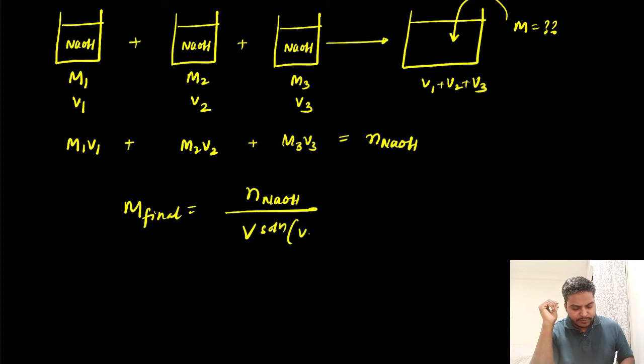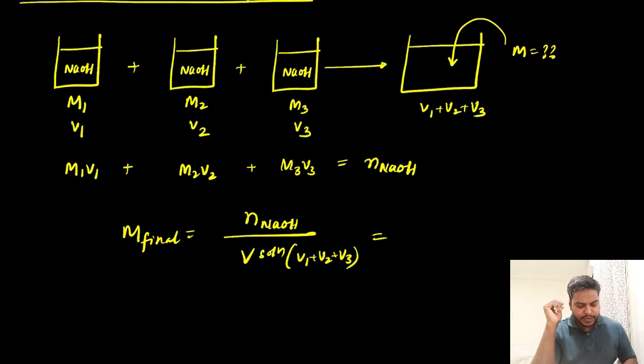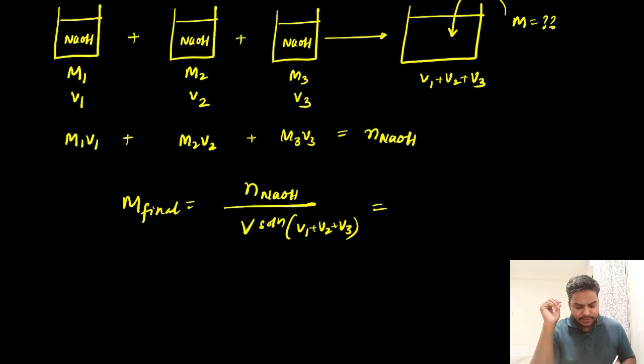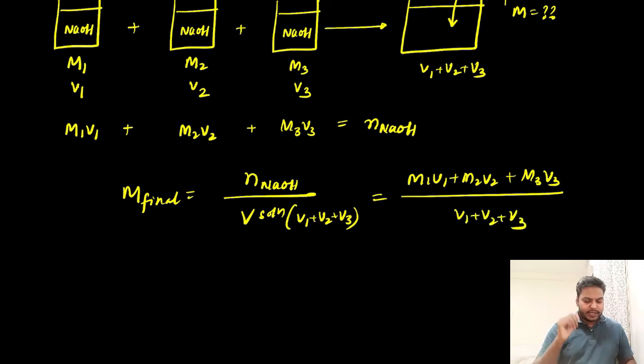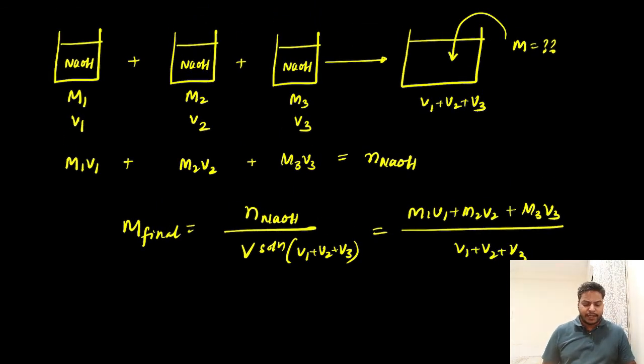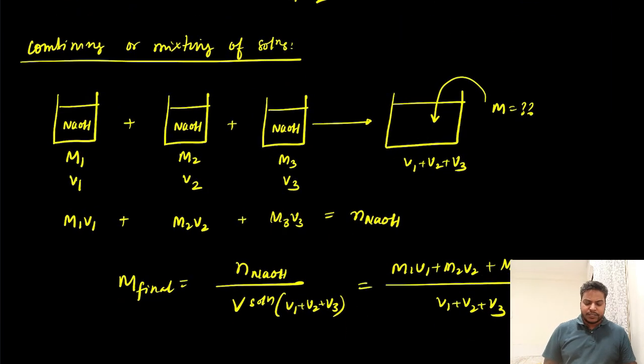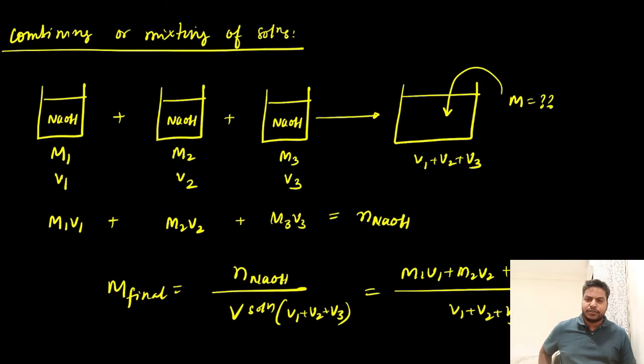In this case, volume is V1 plus V2 plus V3. So the number of moles of NaOH would be M1 V1 plus M2 V2 plus M3 V3 divided by V1 plus V2 plus V3, and that's how we will get the final molarity of the solution. So this is by combining of solutions.